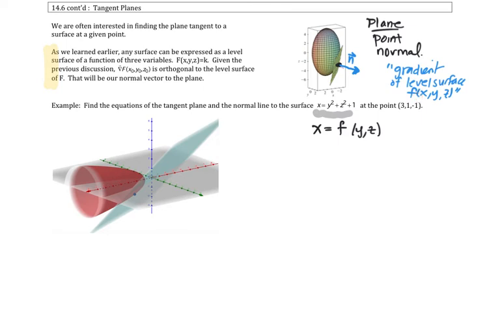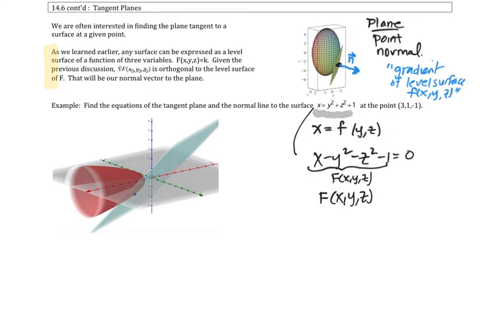So what I said in a previous video is that if I were to get everything on one side, x minus y squared minus z squared minus 1 equals 0, and if I thought of this as a function of 3 variables, okay, so if I created a function of 3 variables, this function doesn't have a graph.